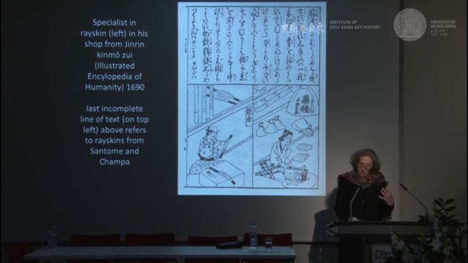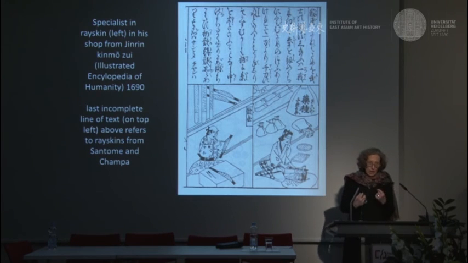So the point I'm trying to make here is that ray skin was being incorporated on many different registers within the culture of the early modern era. And I want to mention another register, poetic language. Poetic language was a critical tool in the integration of ray skin and many other forms of material culture into cultural regimes of value.